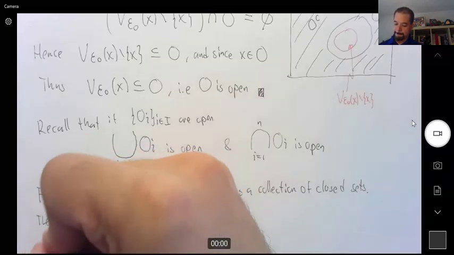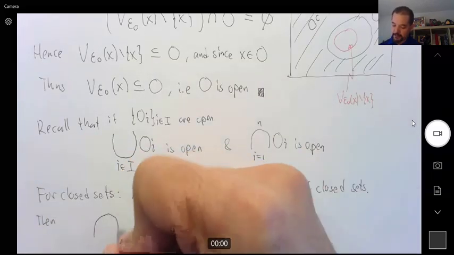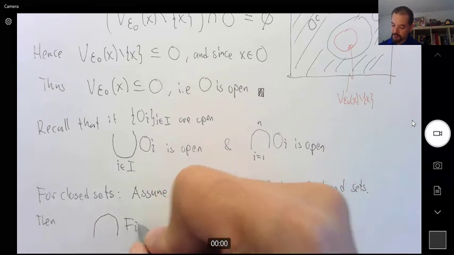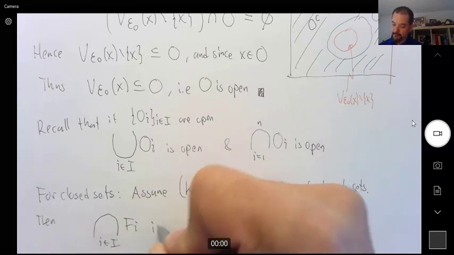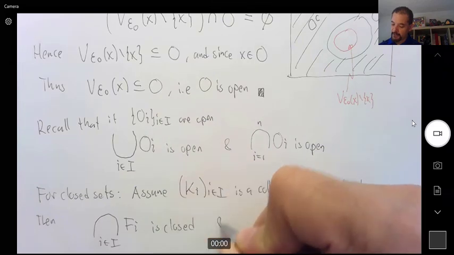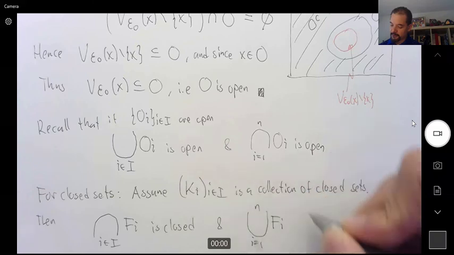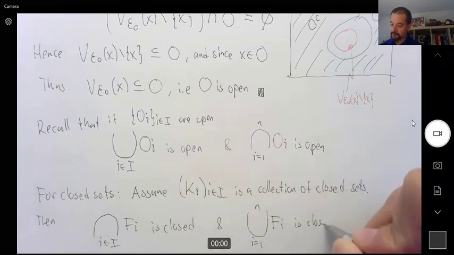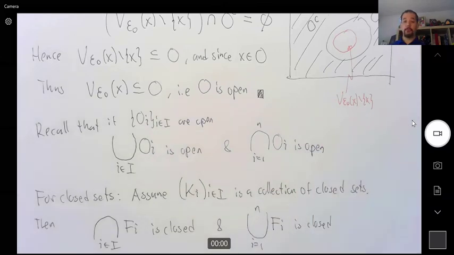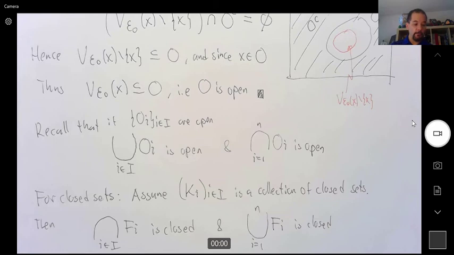Then, if you do the intersection of arbitrarily many, that one will be closed, and the union of finitely many will be closed. And this is very easy to prove. All you need to do is use complements. And remember that the complement of the intersection is the union of the complements, and the complement of the union is the intersection of the complements.